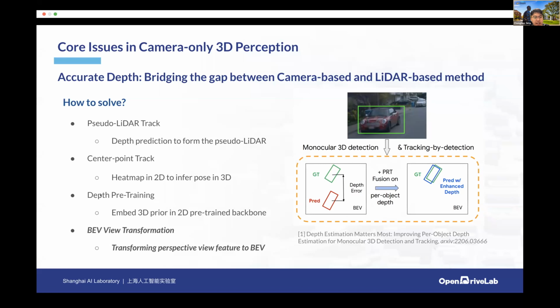The third is depth pre-training. We can embed the 3D prior knowledge in the 2D pre-trained backbone, such as the DD3D work done by TRI. It is a very successful 3D backbone used in many challenges and many 3D works. The last is that we can do the bird's eye view transformation, transforming the perspective view feature to the BEV feature to facilitate the following tasks.